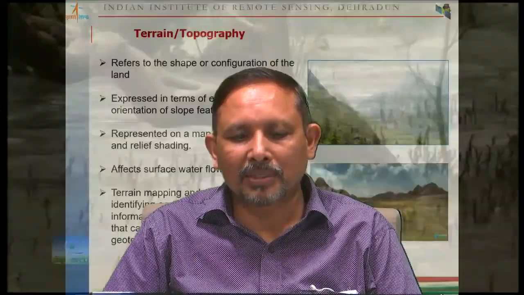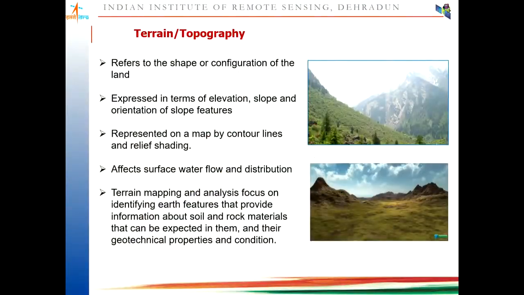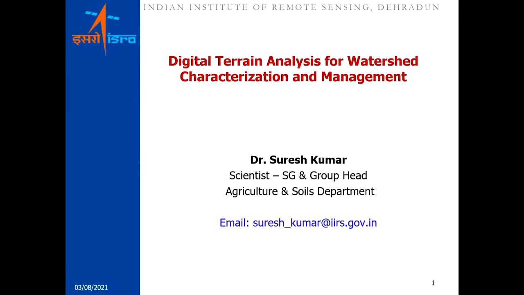In this lecture, I will explain how the digital elevation model, which we call DEM, is used for characterization of various parameters of the watershed, which can be used for soil erosion modeling. Tomorrow we will discuss soil erosion modeling. These parameters are also used in soil erosion modeling.